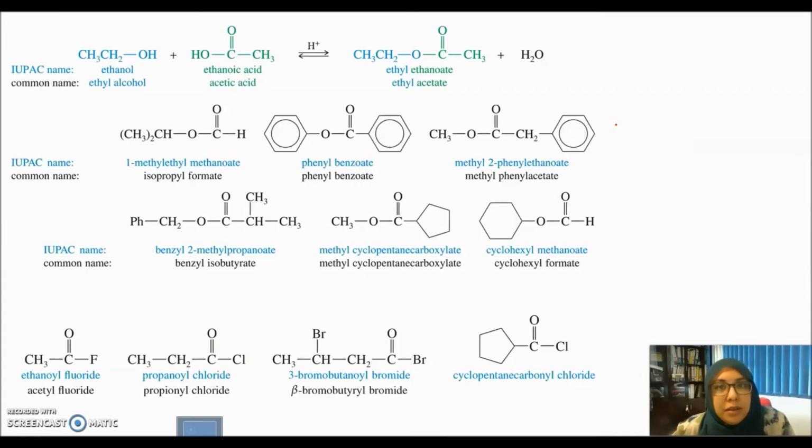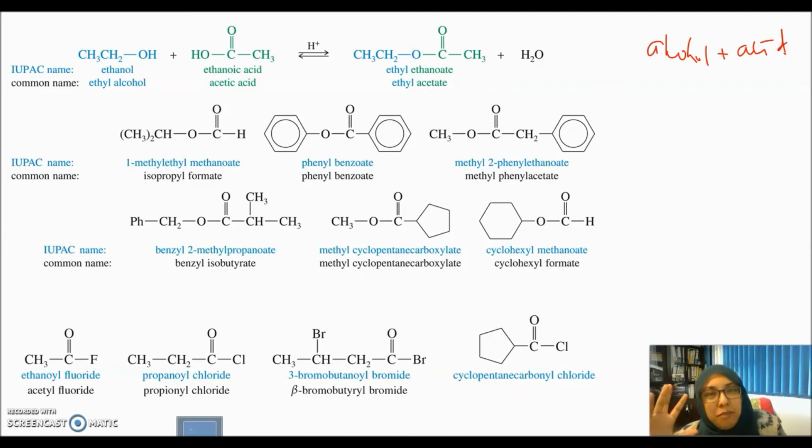The naming previously, we looked at the name for typical carboxylic acid, where you just add oic acid at the end. Now for ester, what you are going to do is name the alcohol part first, and then you name the acid part. Like in this case, in the first one, you are adding ethanol to ethanoic acid.